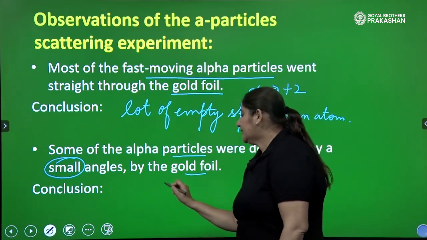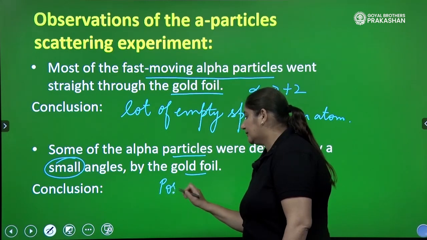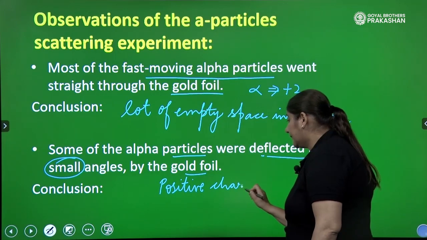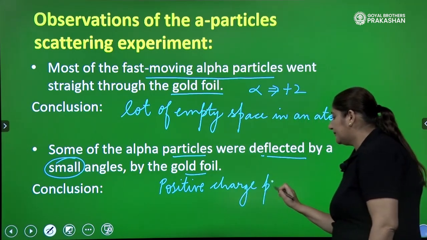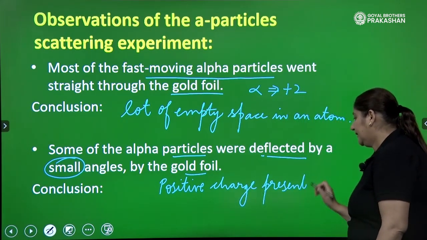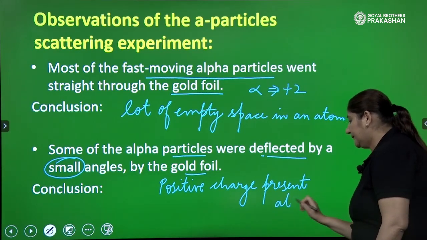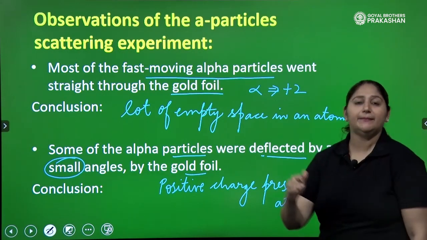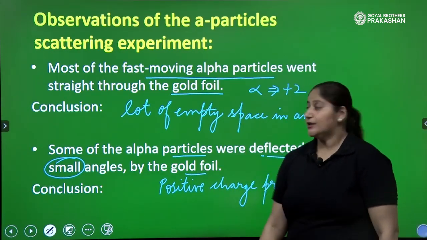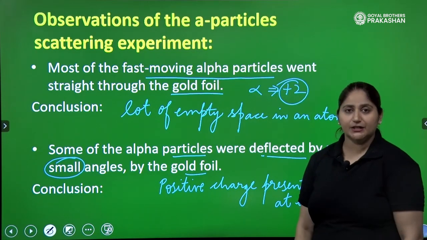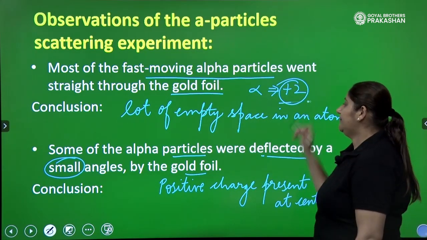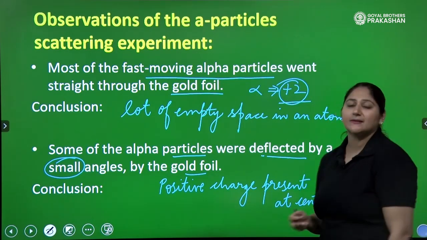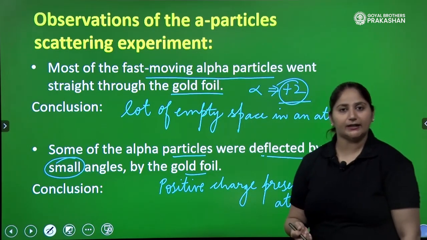It means there is some positive charge present in the atom, and basically it is present at the center of the atom, because positive will be repelled by positive only. If alpha particles are positively charged, they can only be deflected by positive charge, so positive charge must be present at the center of the atom.